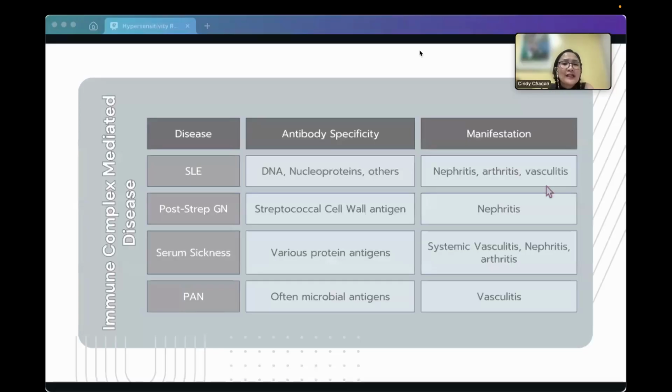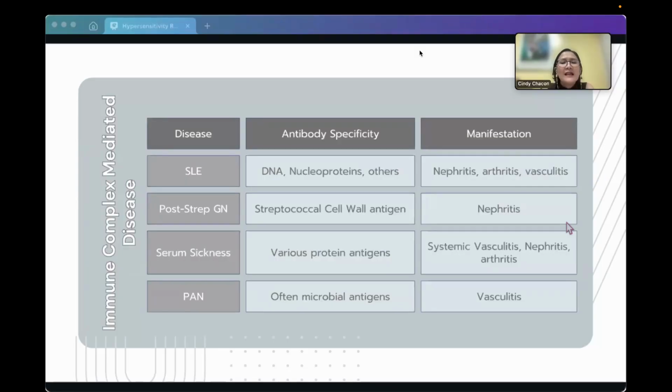You have your SLE, wherein your antibodies specifically target nuclear components like your DNA, your nuclear proteins, and other nuclear antigens. These antibodies will bind to these antigens, form immune complexes, and then circulate and deposit in various organs. Once they deposit, it will lead to nephritis, arthritis, vasculitis.